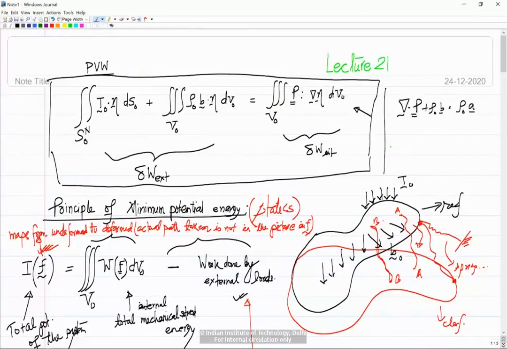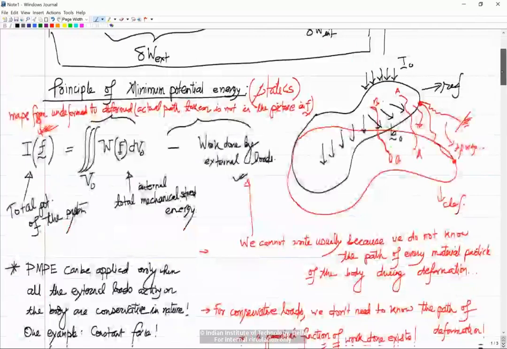So in the virtual work theorem, the body force and your traction T naught can be arbitrary. So this is more general. So in that sense, PVW is more general than the principle of minimum potential energy. Okay, so we can make that remark now.